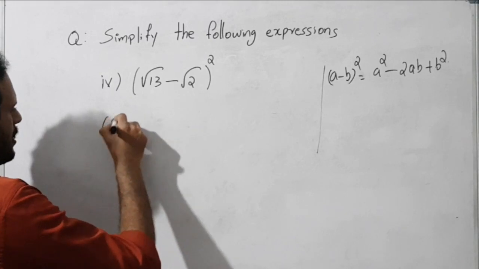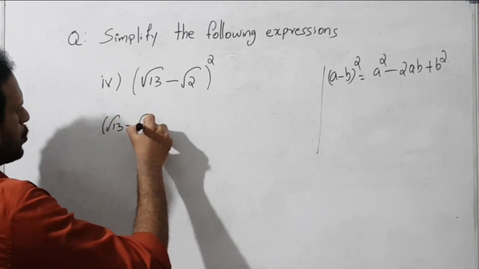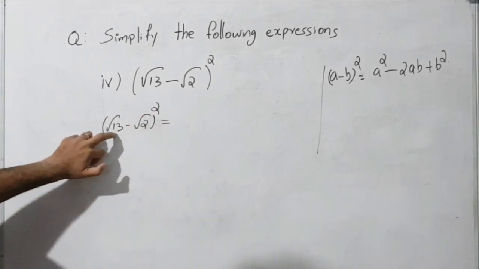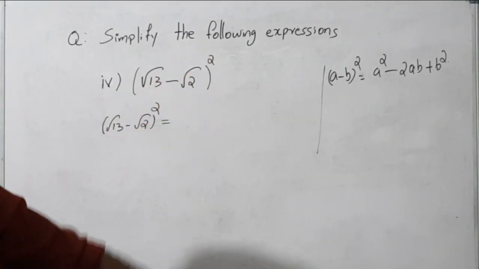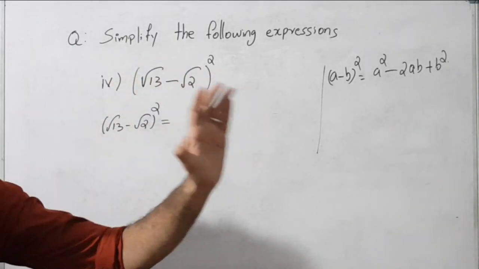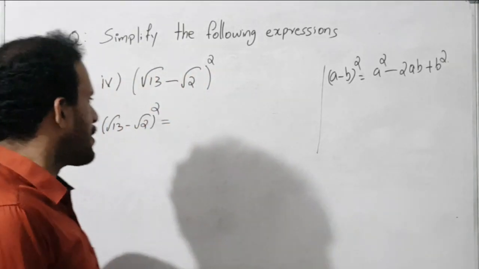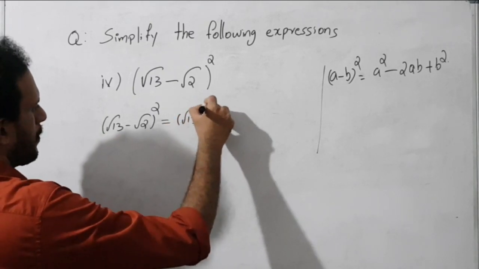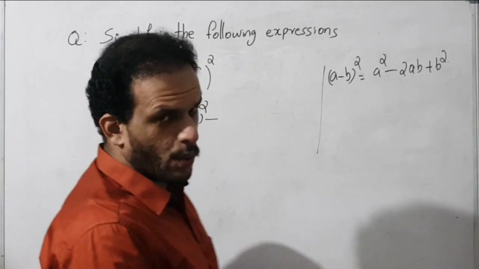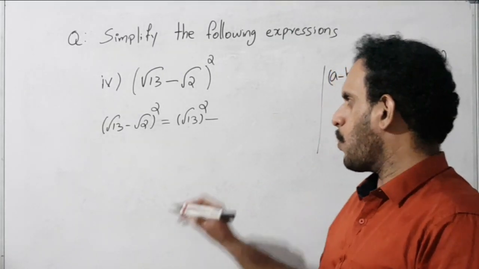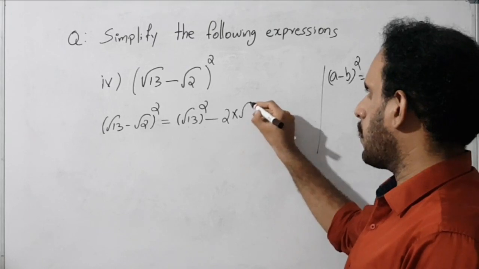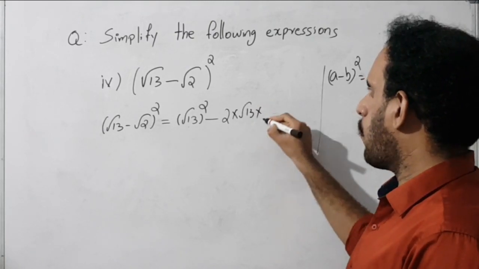Therefore, root 13 minus root 2 whole square is equal to, how do we start? A square. What is a square? A square means root 13 square minus 2ab, that means 2 into root 13 into b, what is b?